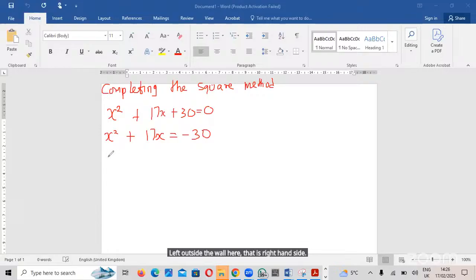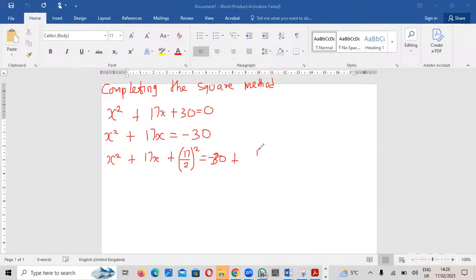So we can have s squared plus 17s, then plus (17 over 2) squared, is equal to minus 30 plus (17 divided by 2) all squared.